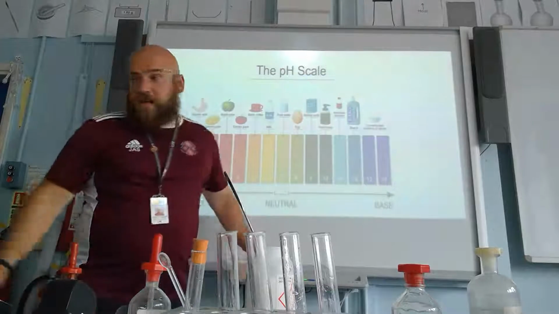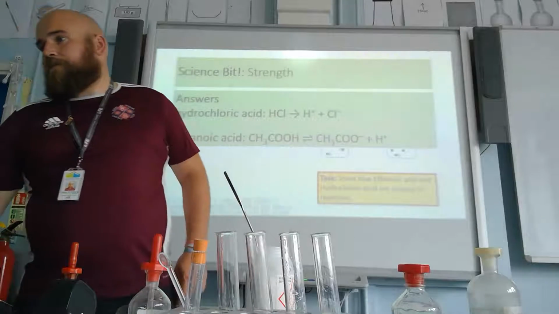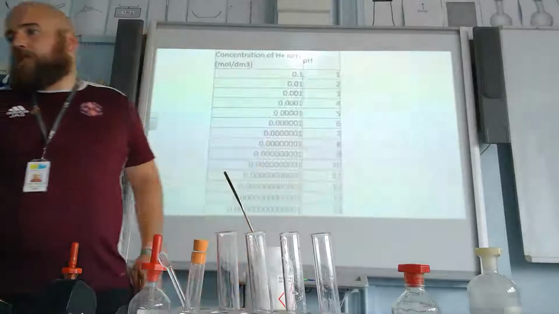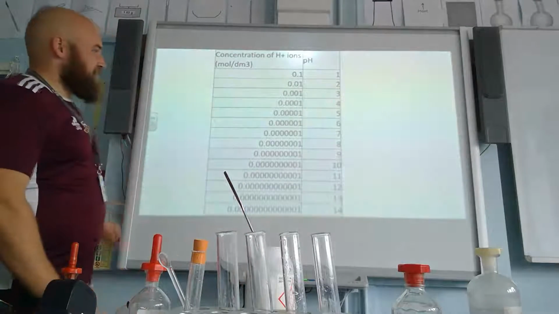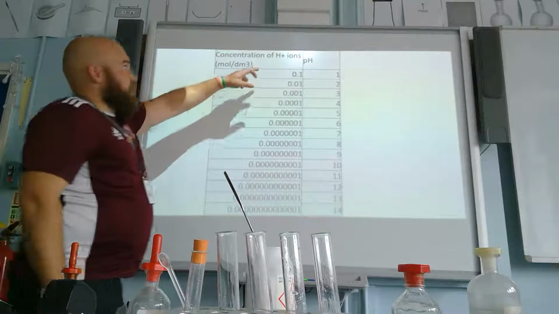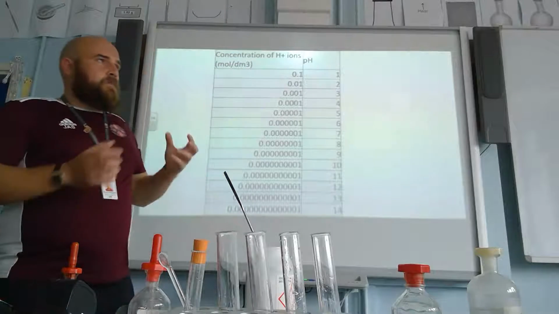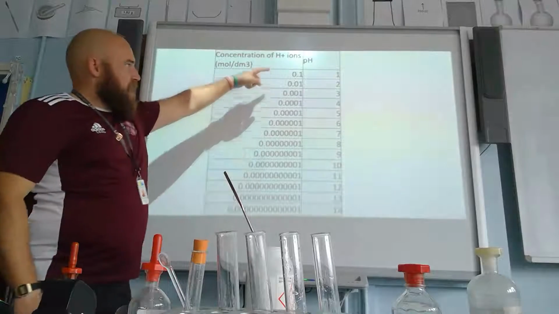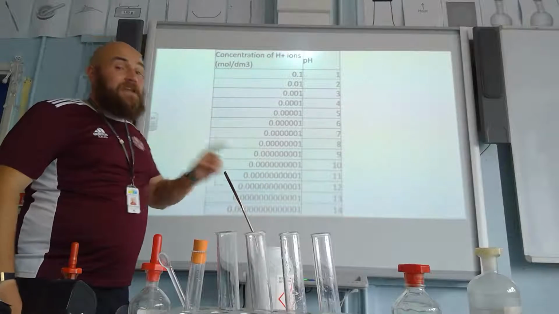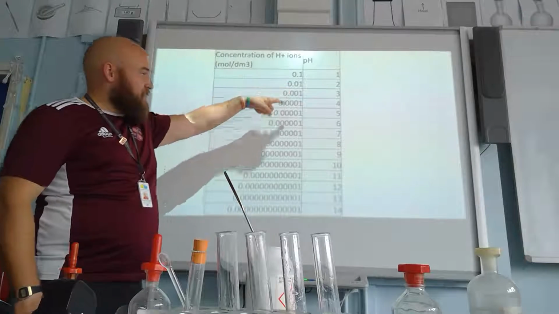I can prove that with a graph as well. So if we have a look here, I've written all these numbers in. You see we've got 0.1 moles per decimeter cubed, so that's 0.1 moles dissolved in a litre of water. And as it gets more and more dilute, please note these numbers are getting smaller.